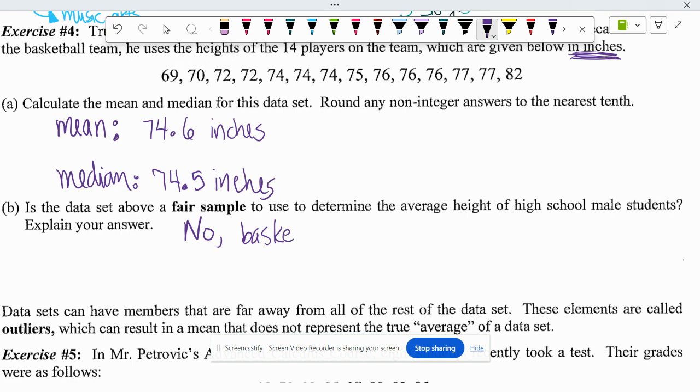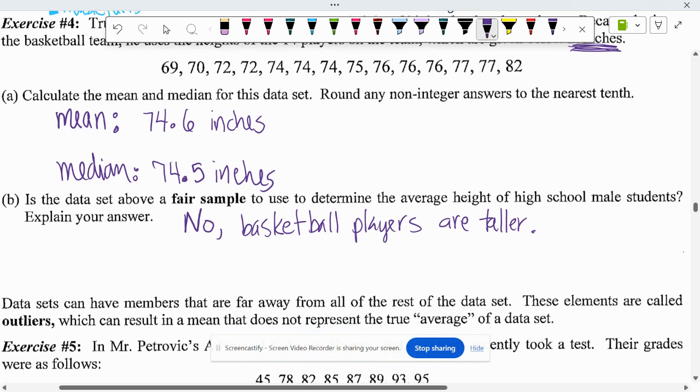Yeah, typically basketball players are taller. So we're like interviewing a tall population already. So that's probably not the best fit, right? Basketball players are taller. So he needs to choose a different sampling. It's not a fair sample.